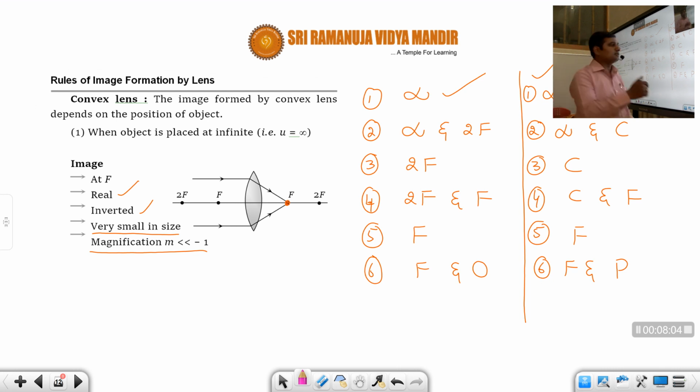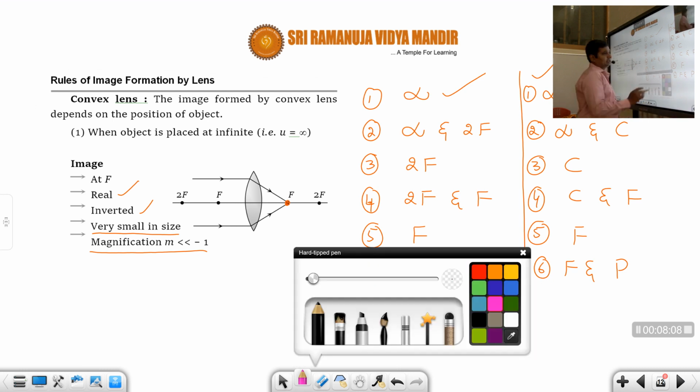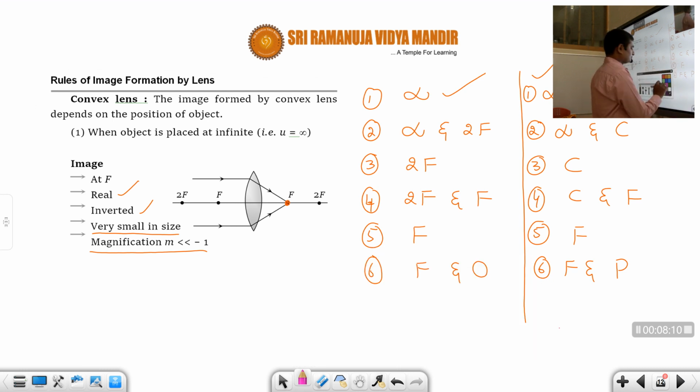Similarly in mirrors also, I emphasized this point: when the object is between center of curvature and focus, and when the object is between focus and pole. I told you to remember these 2 positions. Why? Because only in these 2 positions the image is magnified.